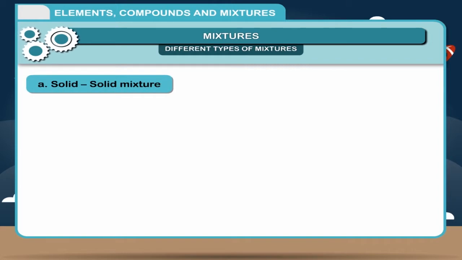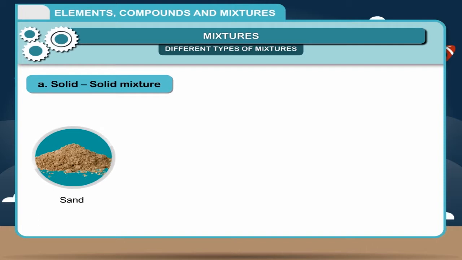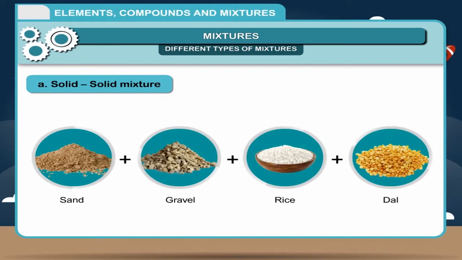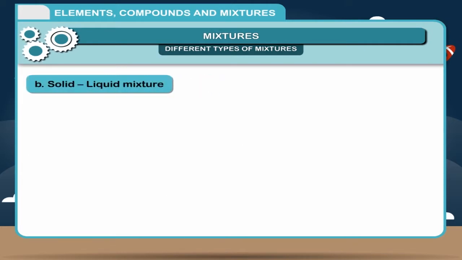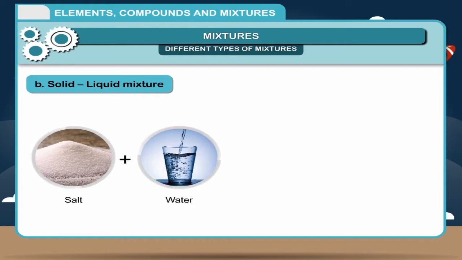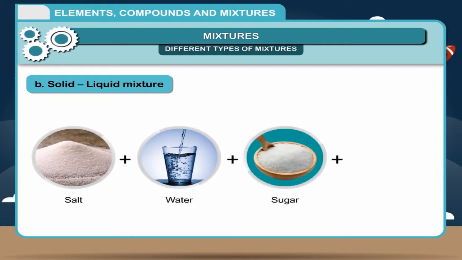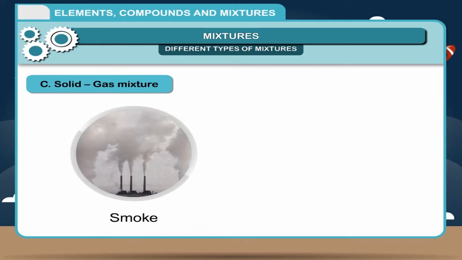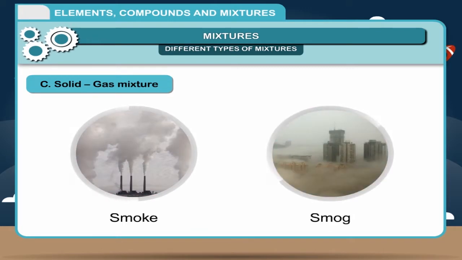A. Solid-solid mixture: sand plus gravel plus rice plus dal. B. Solid-liquid mixture: salt plus water, sugar plus water. C. Solid-gas mixture: smoke and smog.